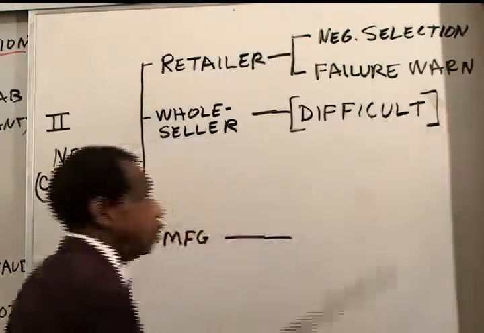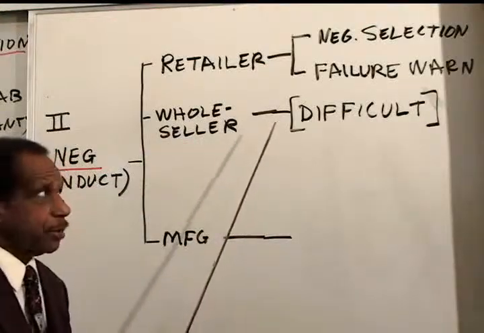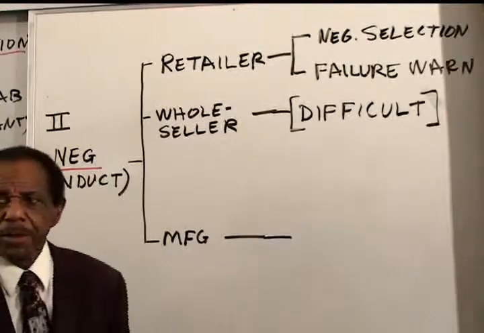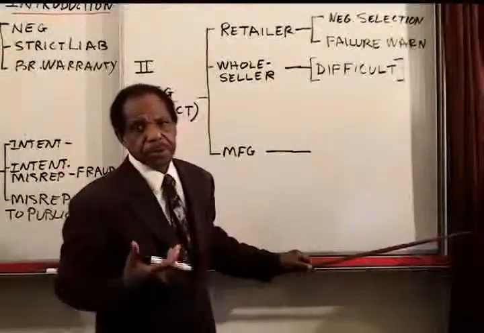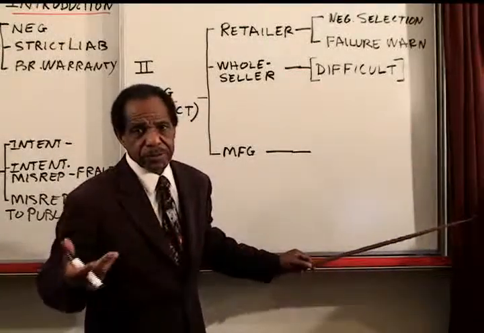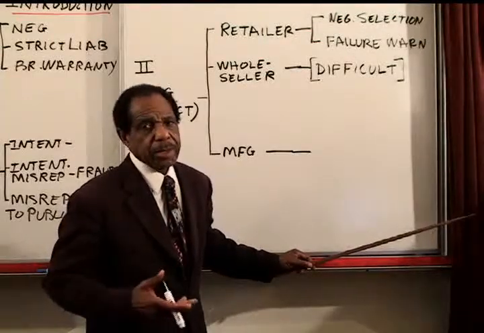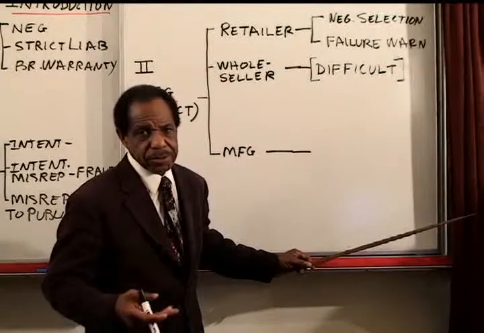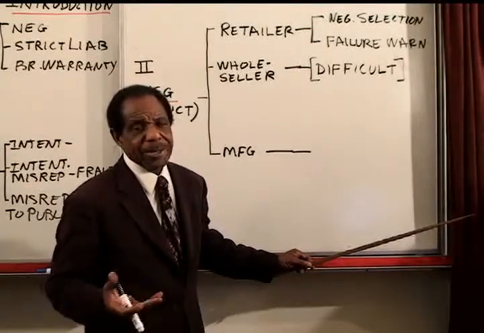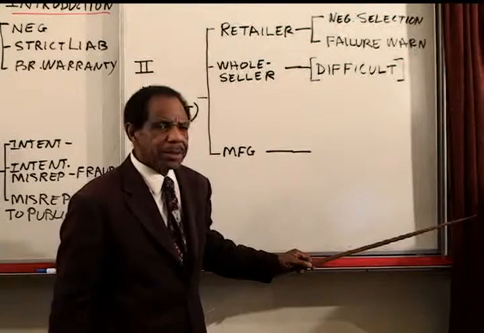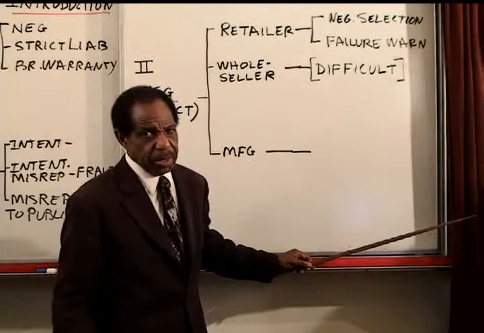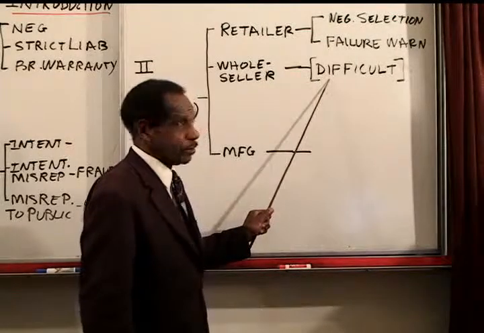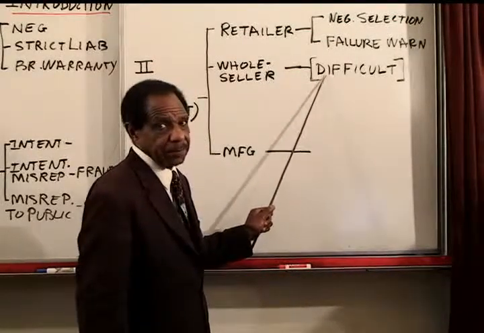So you mention them, but you don't usually have a suit against the wholesaler. Now the wholesaler can be negligent. For example, if the wholesaler bought the goods from one person and in the course of delivering them, they dropped them, and it's cans of tuna, and some of the cans got punctured because of the drop, and now the tuna is rotten. Well, that kind of negligent handling by a wholesaler would make the wholesaler liable, but it would take something of that sort to make a wholesaler liable for negligence.